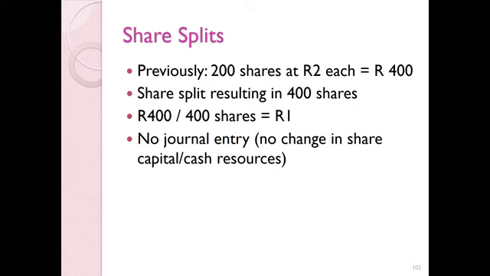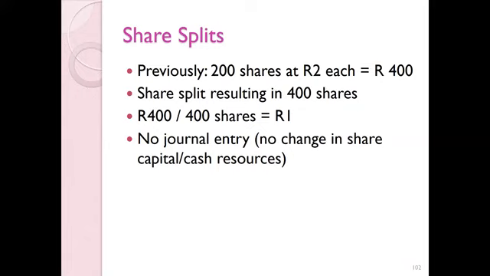So what are we talking about when we have a share split? So perhaps you have 200 shares at a price of 2 Rand each. So the value of those 200 shares would be 400 Rand. But if you have a share split, your 200 shares now become 400 shares. That does not mean that your Rand value changes, however.